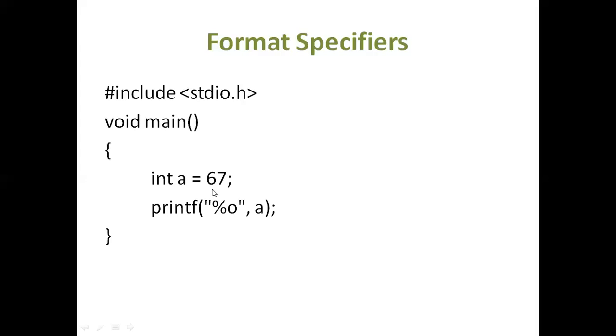So the 67 is in decimal and it will be converted into the octal number system and then printed. In the octal number system, 67 is equal to 103, which will be printed.